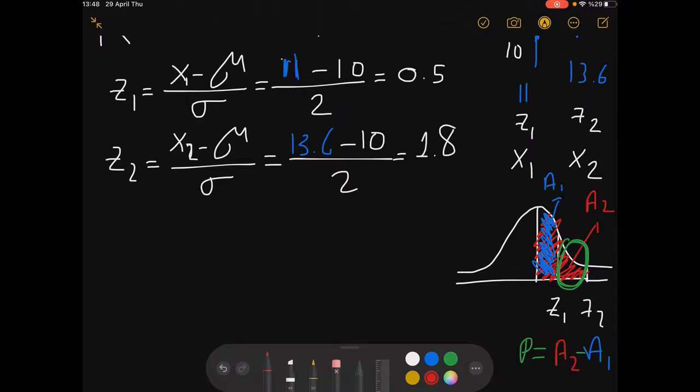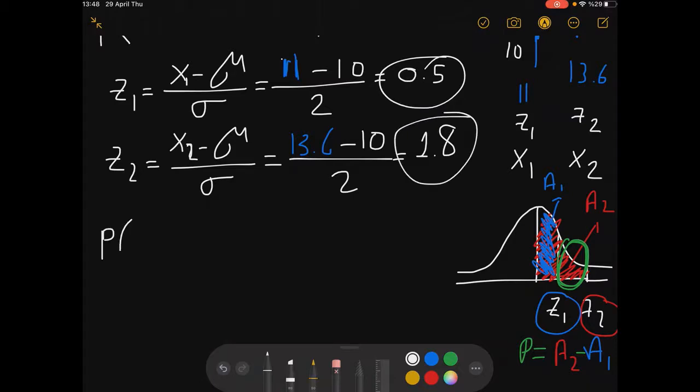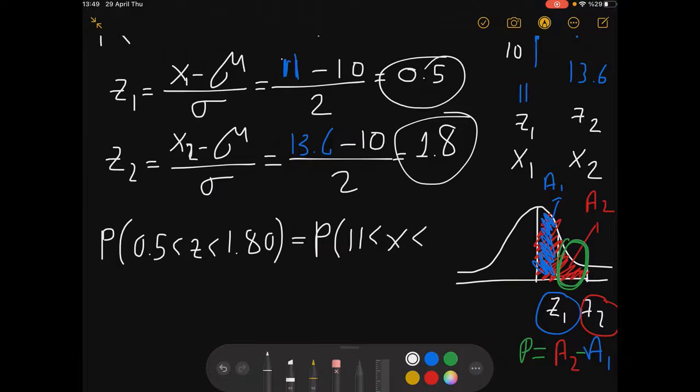Okay, now let's take a look at the corresponding values. So your probability of Z going from 0.5 to 1.80 would be equal to the probability of X going from 11 to 13.6.